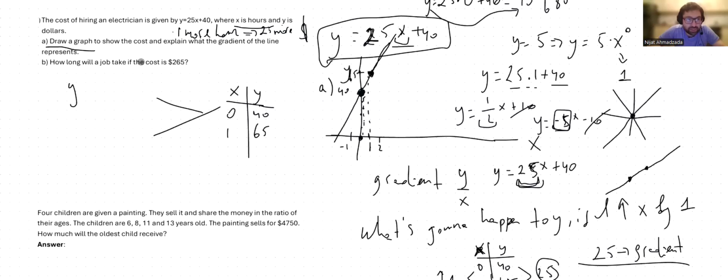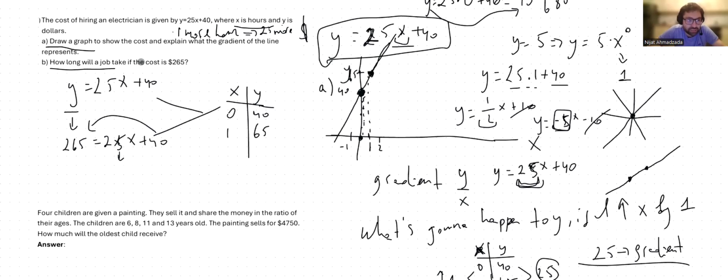B, how long will the job take if the cost is 265? Again, remember it was like 25x plus 40. We know that this is cost. So cost is 265. We are asked what will be the hours, or how long will the job take. So we are asking what is x, right? Because x was the number of hours, 25x plus 40. And from here, we can solve the question as we are putting the 40 to the other side.